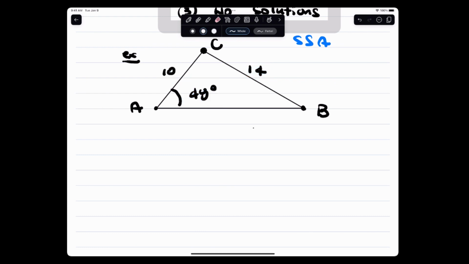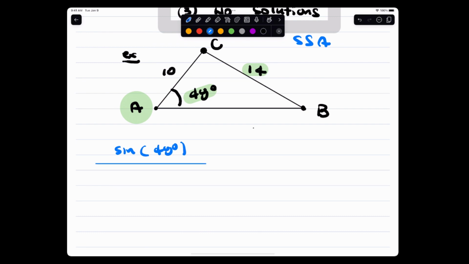So let's get out some colors again. Do the colors help you see everything? Okay, so what do you guys know here? 48 degrees and what? 14. You know what I'm going to do? I'm going to say this. I know sine 48 degrees over 14 involves 2 what? 2 known quantities.